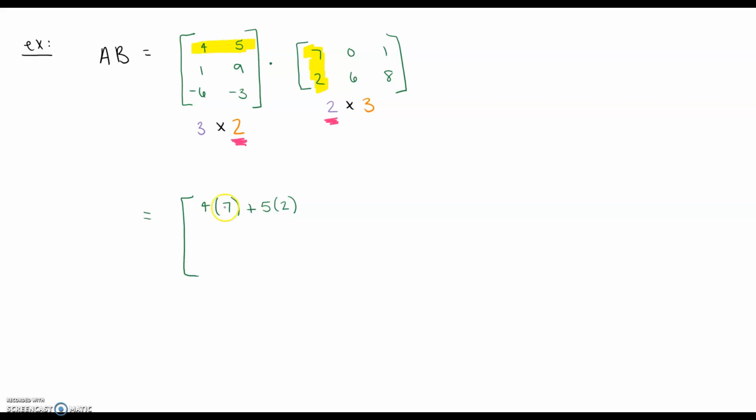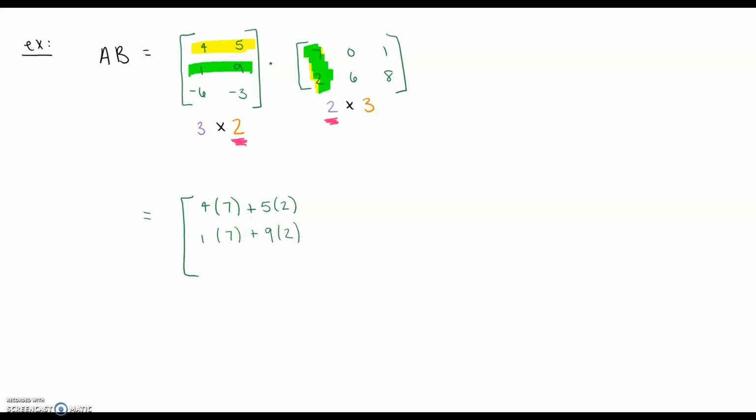Now for the same column, but going down a row, we use the second row. So 1, 9, multiplied by 7, 2, and add. That's going to be 1 times 7 plus 9 times 2.